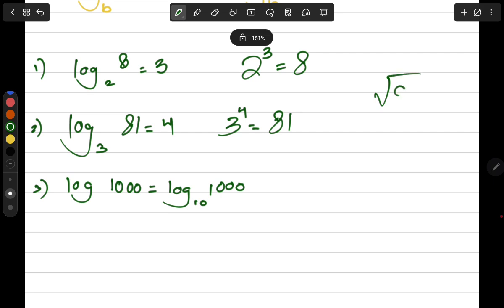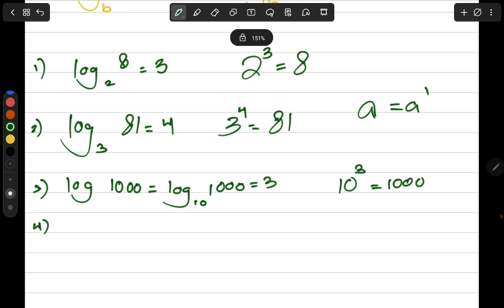Similarly, if I write nothing as the root index, you will assume it to be square root of a, or you will write a to the power half. Similarly, if I do not write a to the power anything, you will assume it to possess a power of 1, right? That's simple. Now what must 10 be raised to in order to produce 1000? You know it already. 10 cubed is 1000, so the answer to this one is going to be 3.